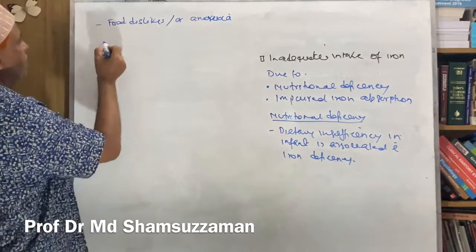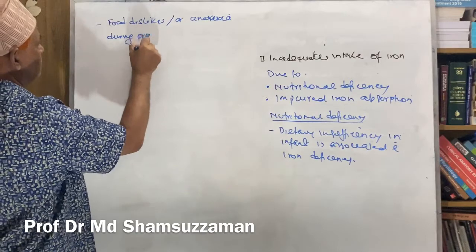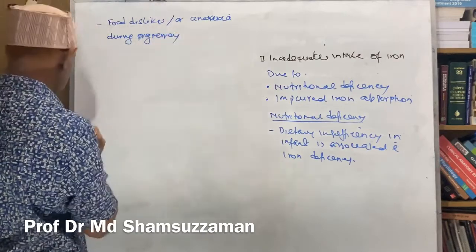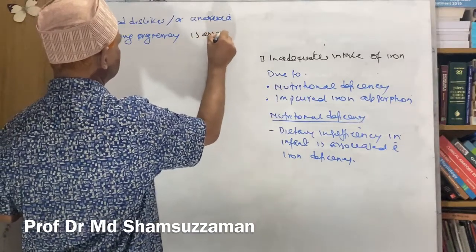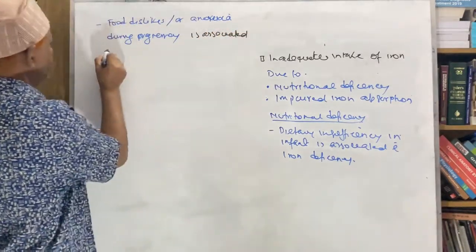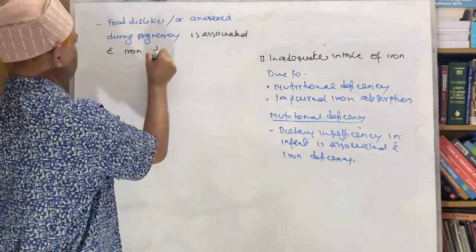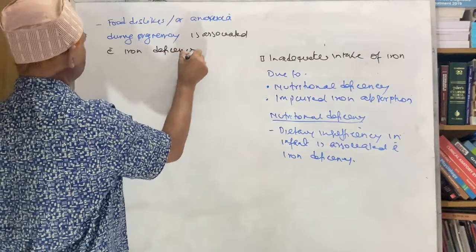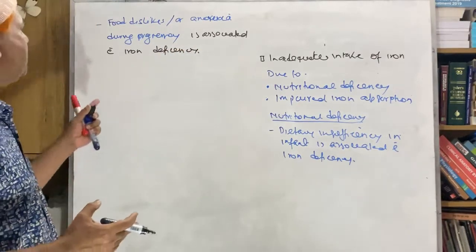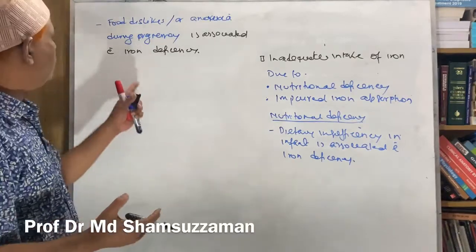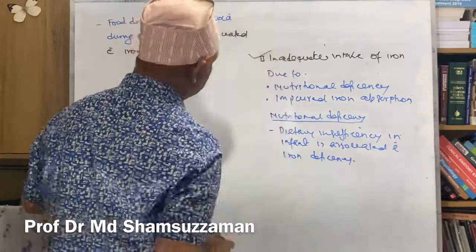Food dislikes or anorexia during pregnancy is associated with iron deficiency. Because if there is food dislikes or anorexia during pregnancy, she will not take a sufficient amount of food, so there will be iron deficiency. This is the inadequate intake of iron.